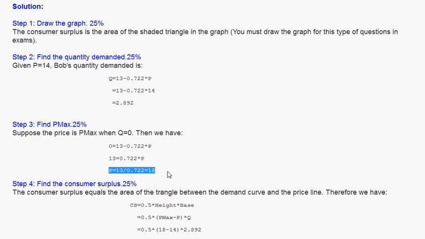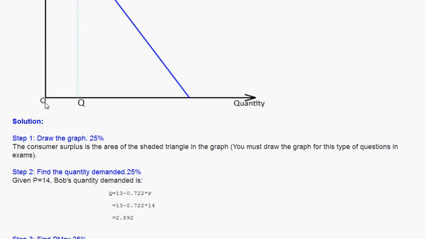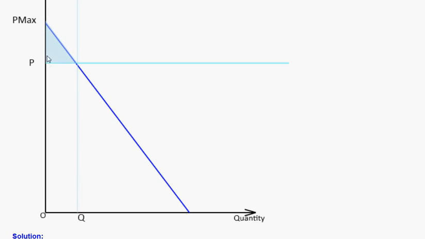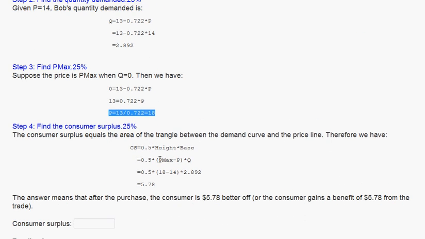The price is equal to 18. In other words, P max is equal to 18. When the price is equal to 18, the quantity demanded is equal to 0. Right, now we have P max, we have P, so we can calculate the difference between these 2 points. That's the height.